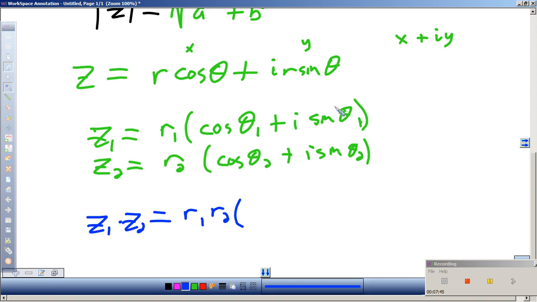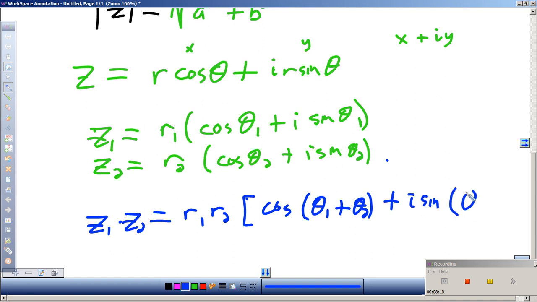Back when we dealt with trigonometry, we had rules about multiplying cosines together. So we can either go through the rules, or we can go straight to the formula. Thankfully the formula is fairly simple: r1 r2 times the bracket cosine of theta 1 plus theta 2 plus i sine of theta 1 plus theta 2.